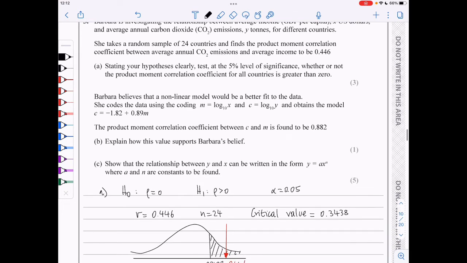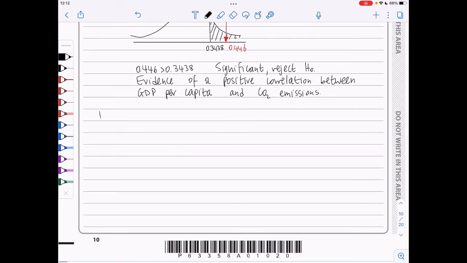Now, Barbara believes that the nonlinear model will be a better fit, so she codes the data. She took the logarithms of x and y and obtained this model. The PMCC between the coded variables turned out to be 0.882. The question is, how does this value support Barbara's belief? Now, we have to say that the PMCC, the product moment correlation coefficient between log x and log y, is close to 1.